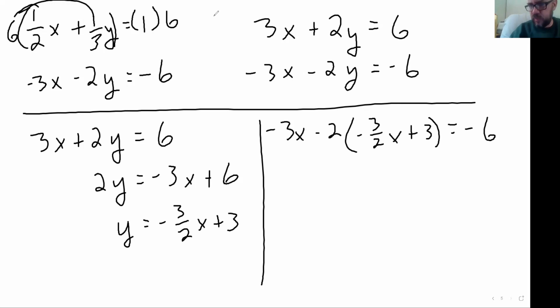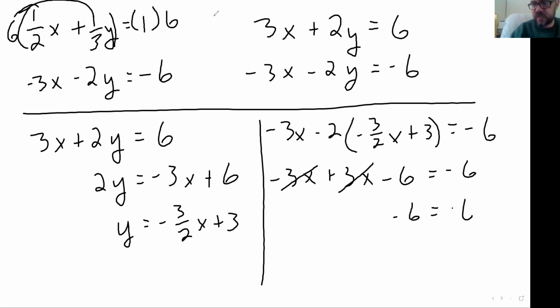So let's go ahead and distribute my -2. Minus 3x minus 2 times minus 3 halves. The minuses cancel, the 2's cancel, leaving me just plus 3x. And minus 2 times plus 3 is -6, equals -6. And lo and behold, minus 3x plus 3x cancel, and I get -6 equals -6.